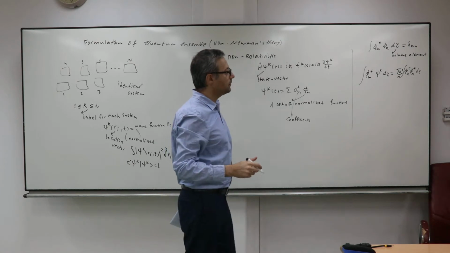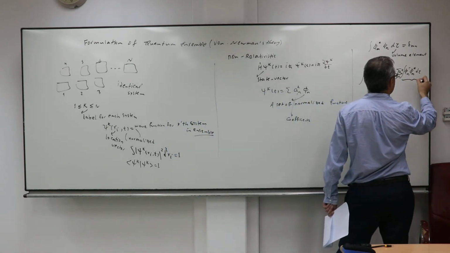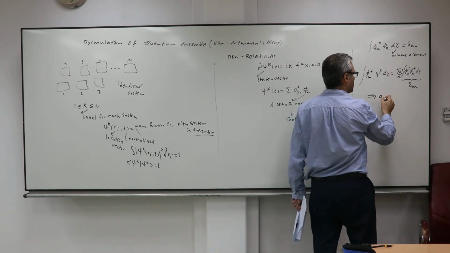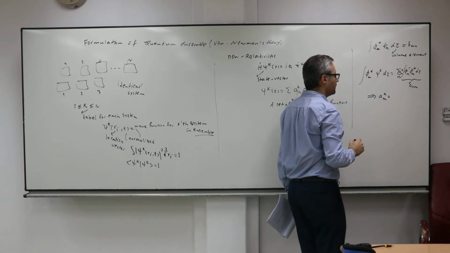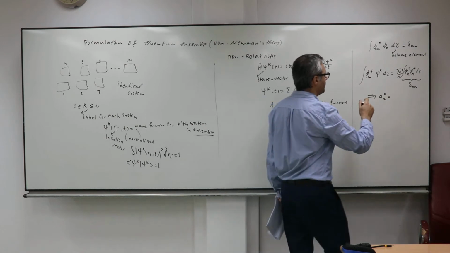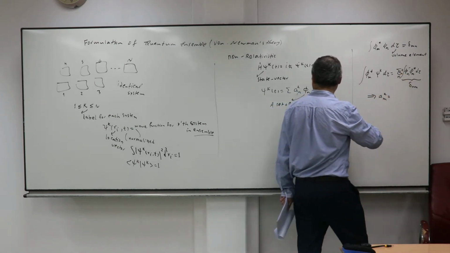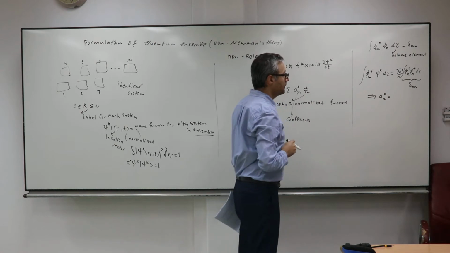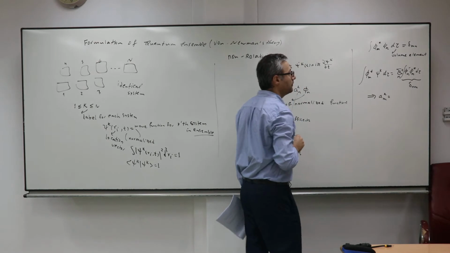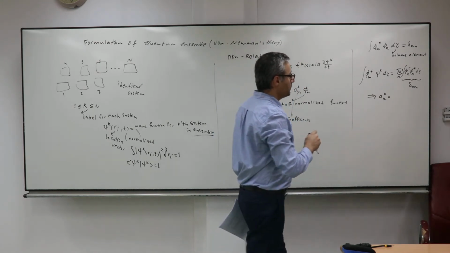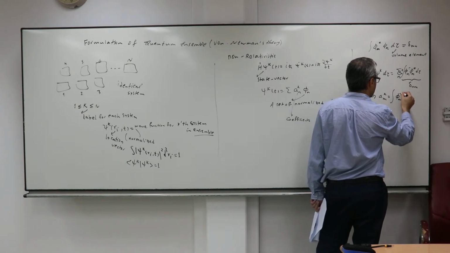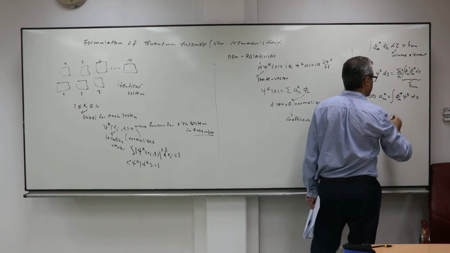Because these functions are normalized, that will be delta_nm. So a_mk will be the integral of phi_m star psi_k.